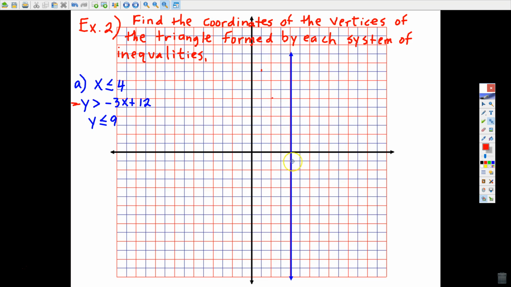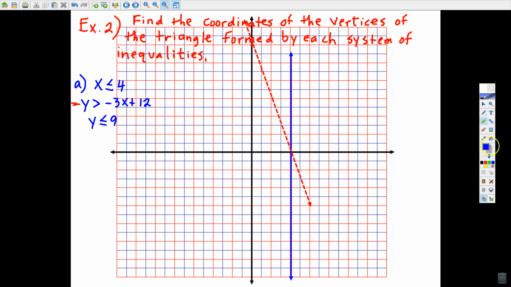So it looks like that, and we'll be shading the greater than side. If we stopped right here and did just these two, we would be shading this region to the left of the vertical blue line and above or to the right of the dotted red.